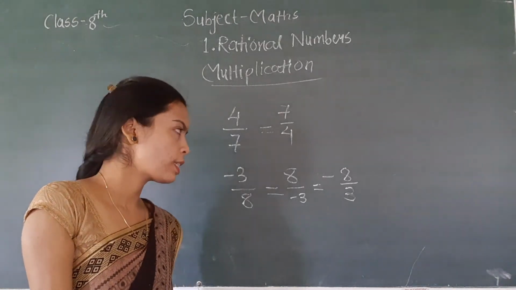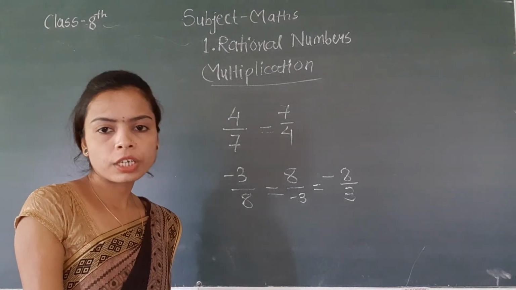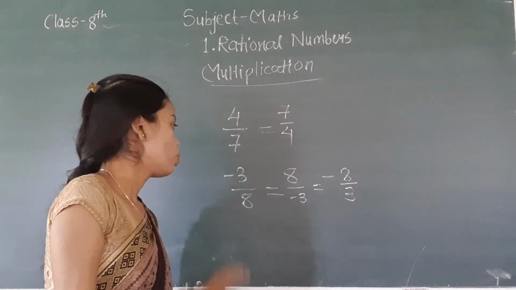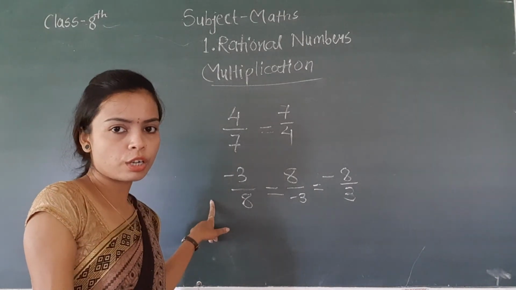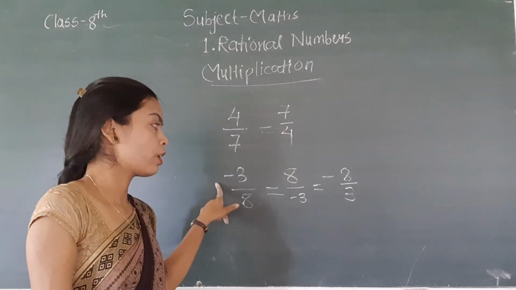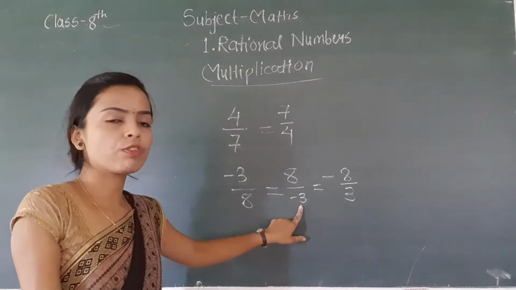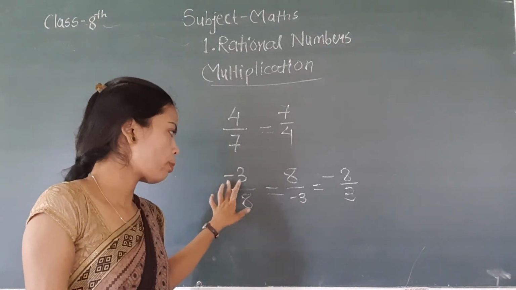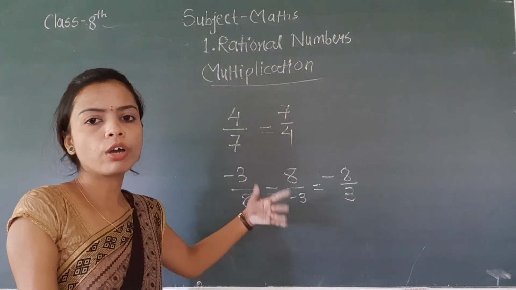If you have to write the reciprocal, you just have to interchange the numerator and denominator. So if there is a negative rational number, the reciprocal or the multiplicative inverse of it is a number in which you can place your minus symbol in the denominator or in the numerator.